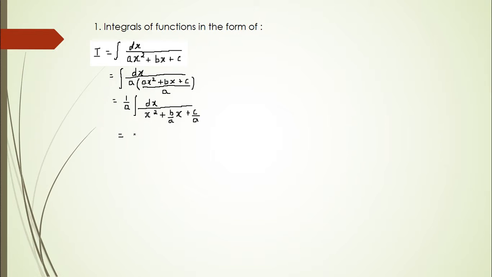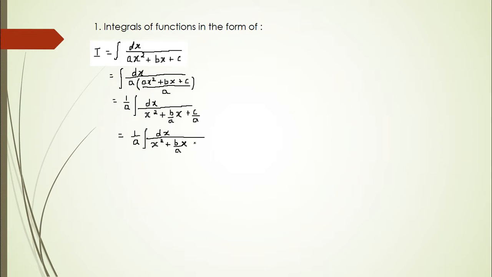Therefore, in the denominator, I will get 1 by a integral dx divided by x square plus b by a into x. I repeat, I will have to add and subtract 1 by 2 times b by a whole square.